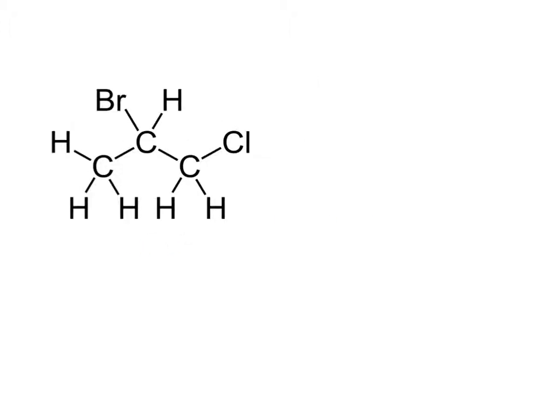So in this case, we have a structural formula. So first we can identify the elements. So we have C, H, Br, and Cl. Then we're going to count. So we have 1, 2, 3, 3C. And we have 1, 2, 3, 4, 5, 6, 6H.